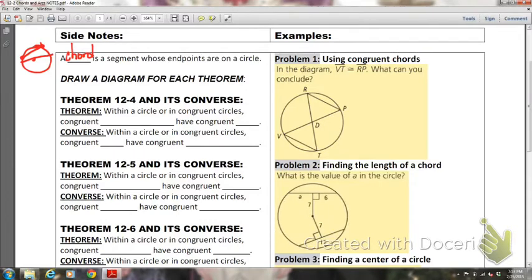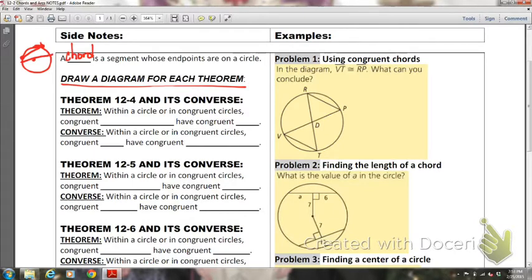So there are several theorems and converses to several of these theorems. Each one of these we need to be sure and draw a diagram for, to illustrate it, so you can understand it, to make it more clear.